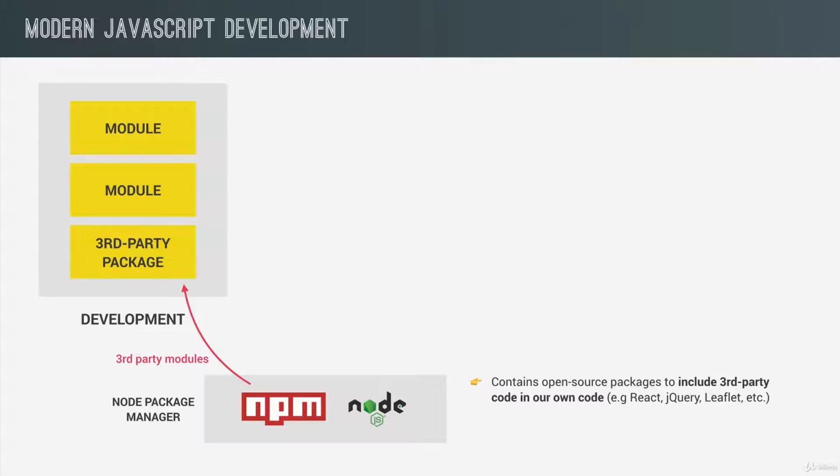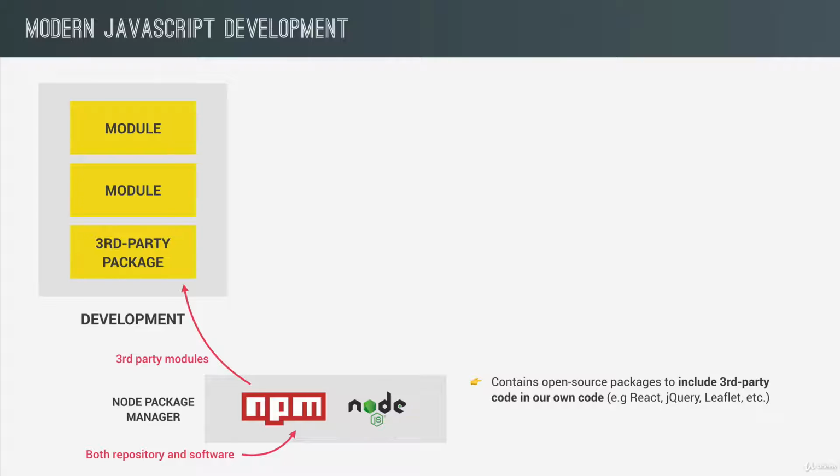Now, in order to actually download and use and share packages, we use the npm software installed on our computer. And this is just a simple command line interface that allows us to do all that. So basically, npm is both the repository in which packages live and a program that we use on our computers to install and manage these packages.